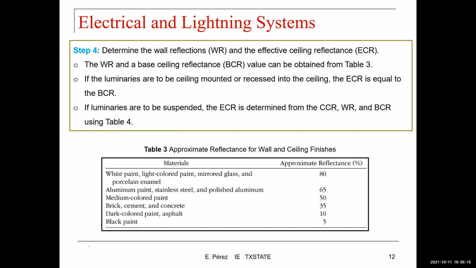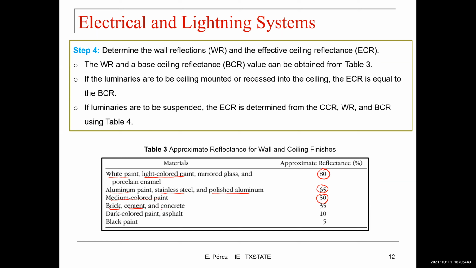It could be, for example, white paint or light color paint. The approximate reflectance is going to be about 80%. If it is an aluminum paint or stainless steel and polished aluminum, it's about 65. Medium color paint, 50%.